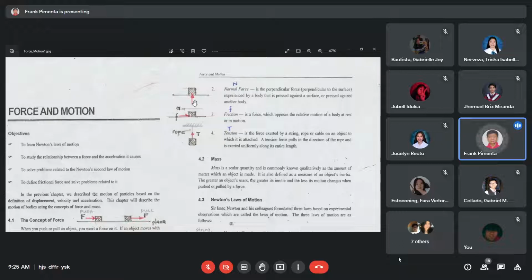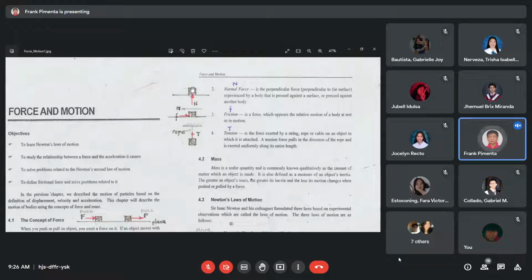In the first diagram, in the previous classes, maybe you did not ask where is the location of the normal force. It was placed on top of the block. The location is wrong. Okay? Because if you put it here on the top of this block or object, where are the two surfaces?